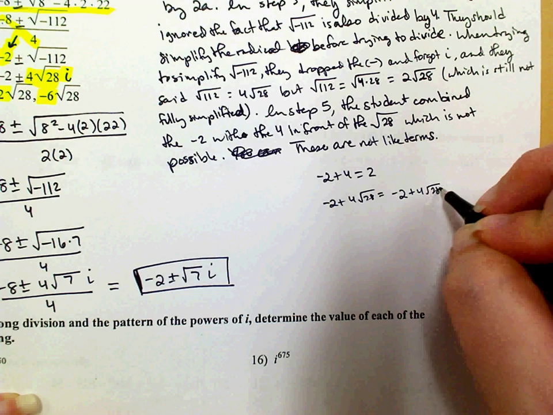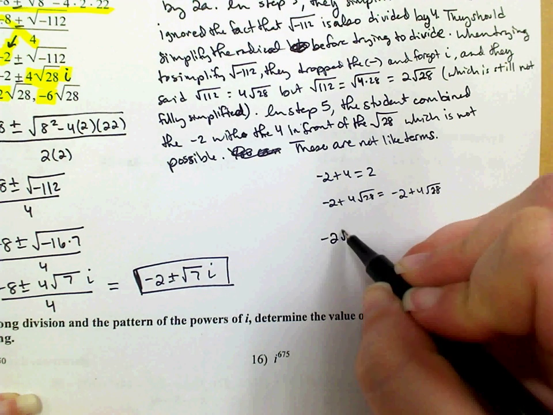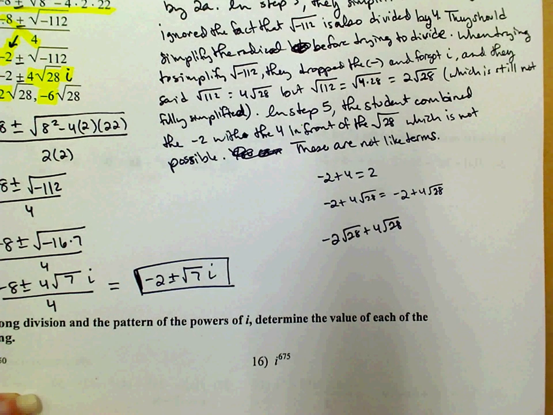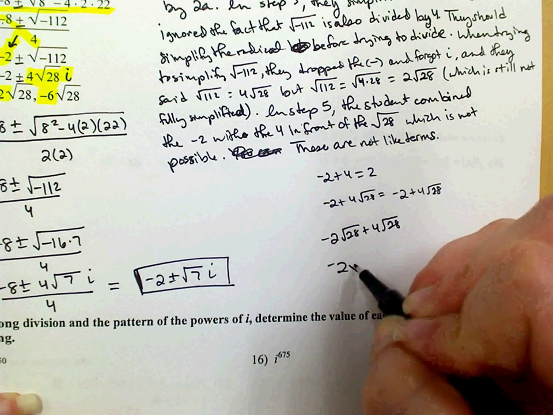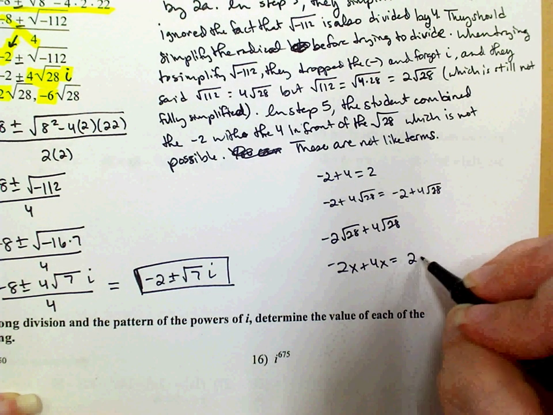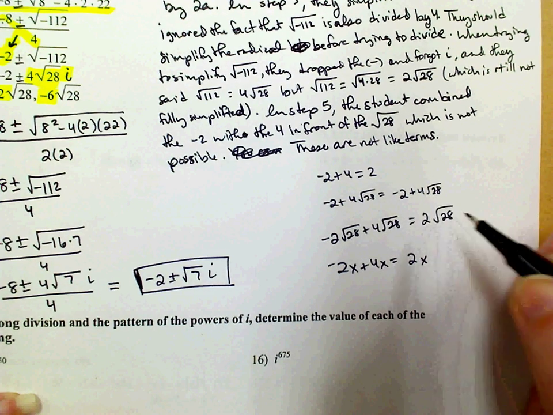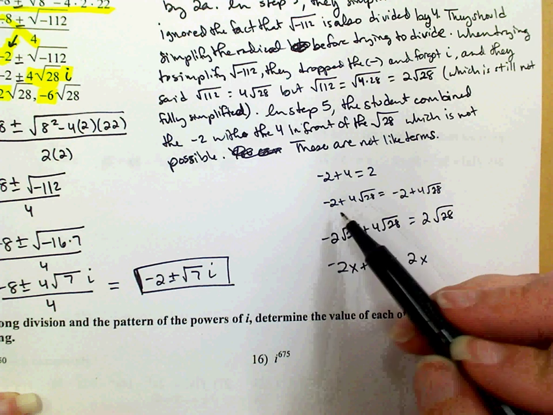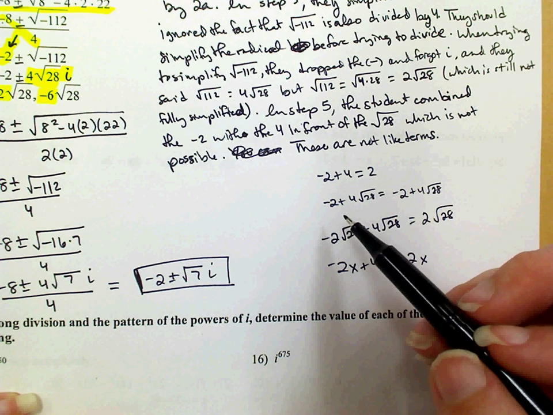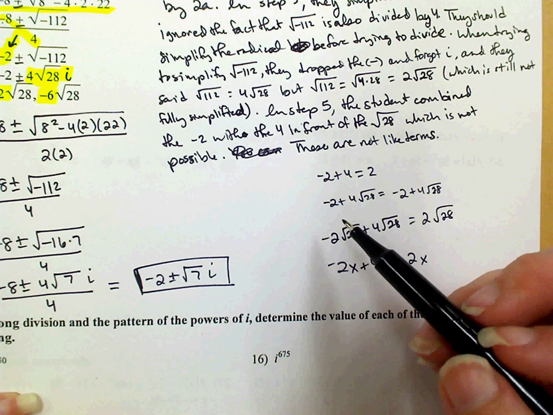Furthermore, if I had negative 2 square roots of 28 plus 4 square roots of 28, think about that number being tacked on as like an x, negative 2x plus 4x. Negative 2 of those plus 4 of those is 2 of those, right? So there I could say it is a positive 2 square roots of 28. But like I said, these are not like terms. One has a square root of 28 and one does not. So they're not like terms. Okay? And I think that's good. So there you go.